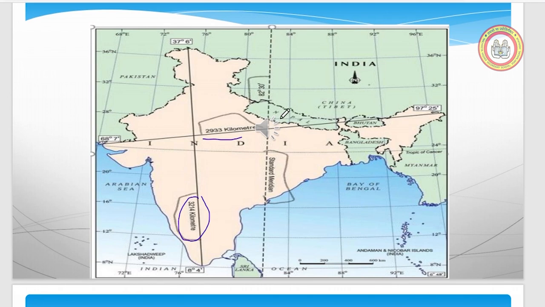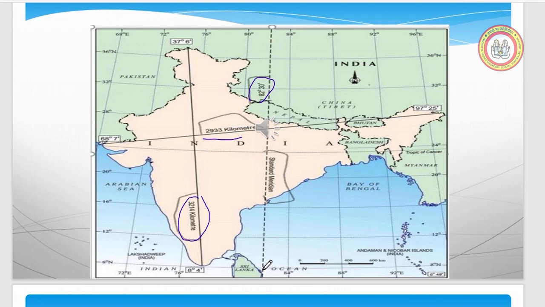Here you can see this is the standard meridian of our country and it is 82 degree 30 minutes east. This dotted line is the standard meridian of India, 82.5 degree east.